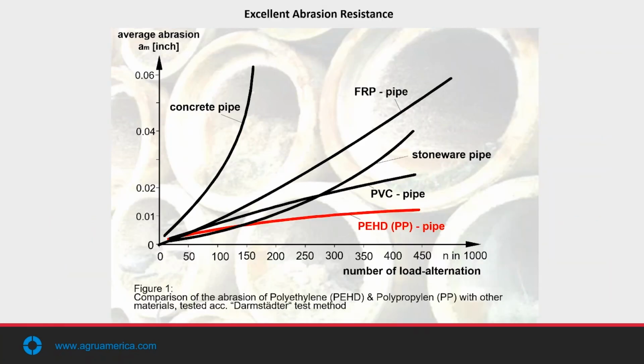From an abrasion resistance standpoint, we mentioned earlier, this is a chart showing various materials when exposed in the Darmstadt test. The Darmstadt test is a trough where we line the trough with a material, be it concrete or FRP or polyethylene or polypropylene, PVC.